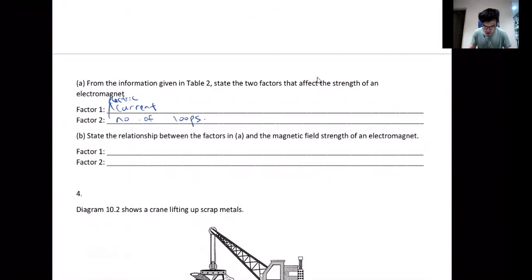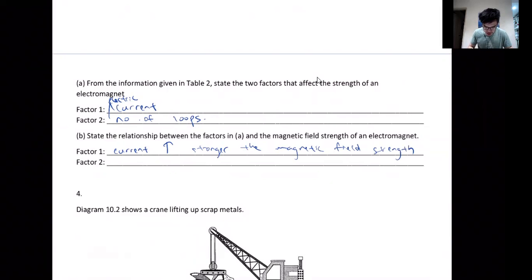Okay, so they want this factor and how does it affect how strong your magnet is. Okay, so the higher the current, okay, the stronger the magnetic field strength.